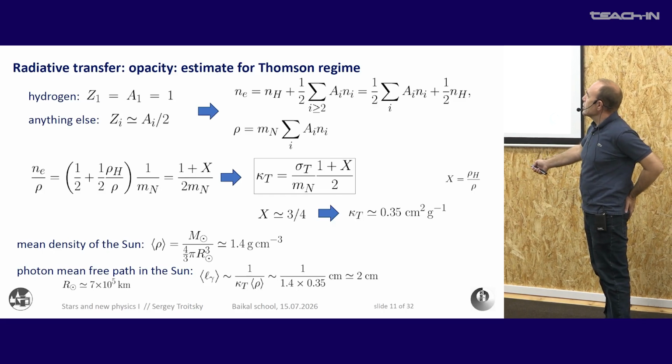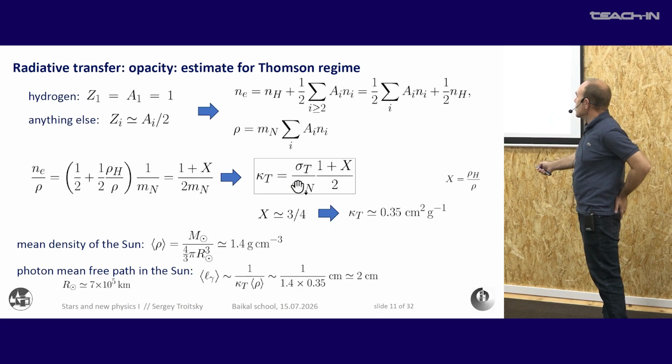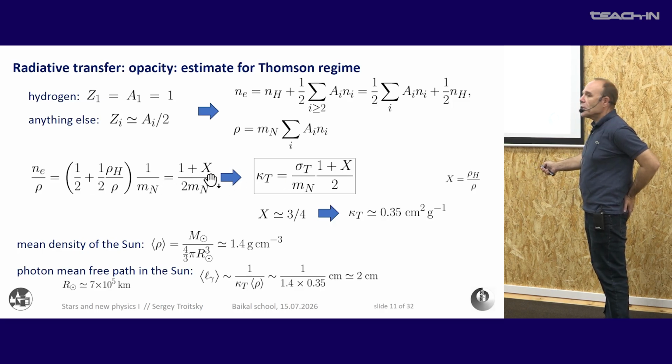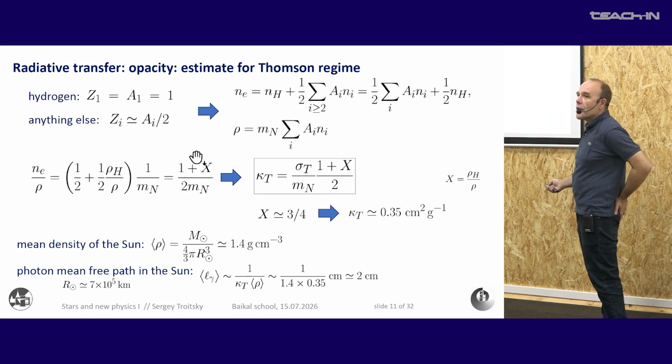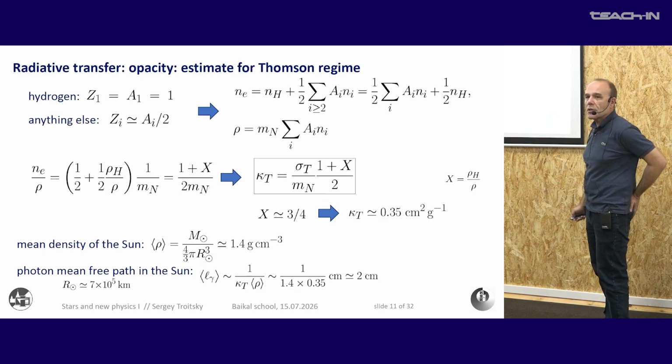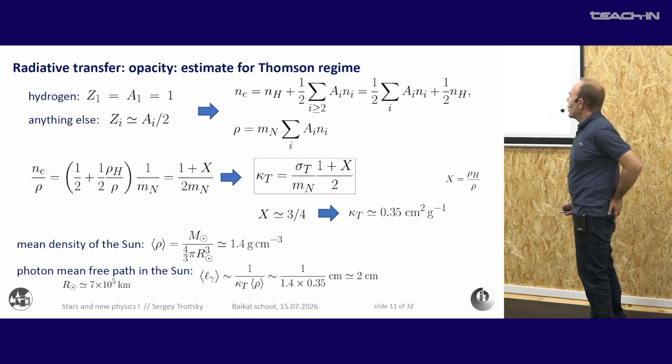This is just the mass fraction of hydrogen in a star. Again, a standard astronomical notation. Capital X is for hydrogen, capital Y is for helium, and capital Z is for the sum of everything else.